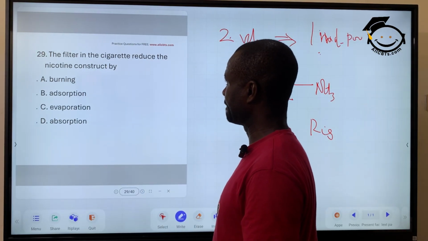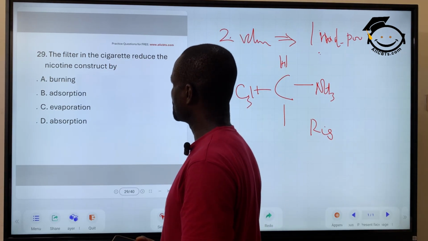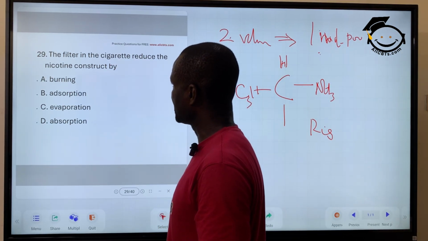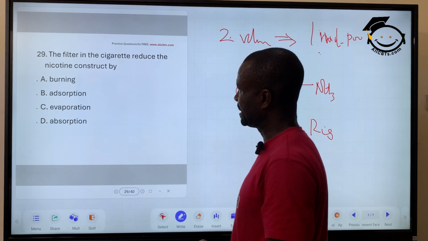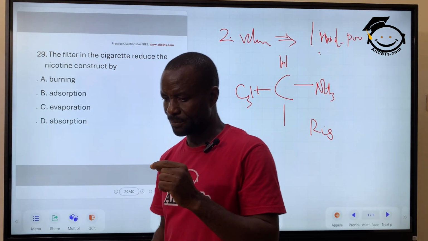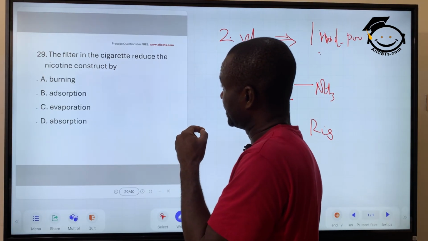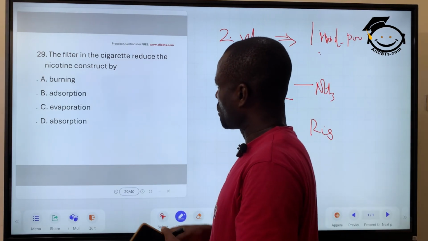Number 29. The filter in the cigarette reduces the nicotine content by A, that is this filter in cigarette. What it does is it reduces the entrance of that nicotine into the body. So what is the reaction?